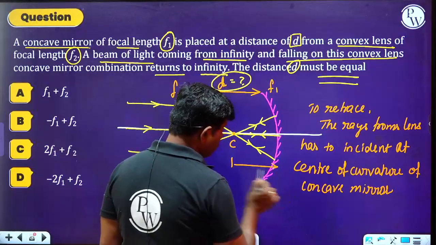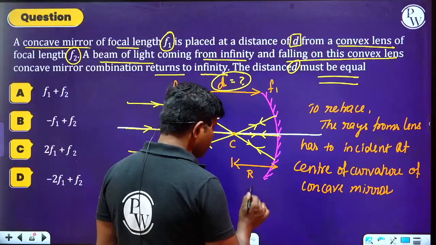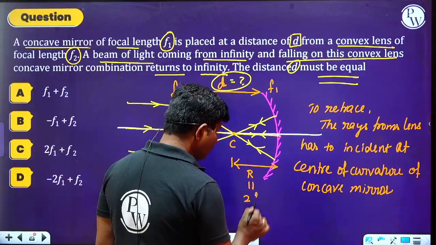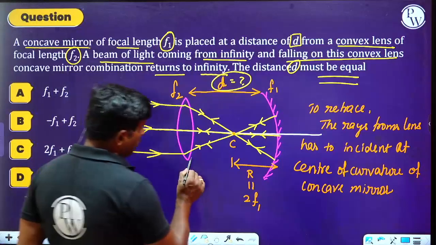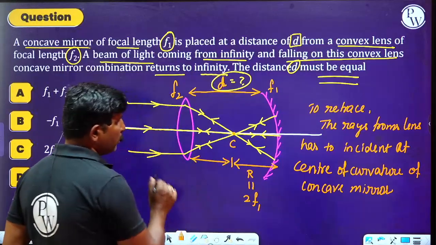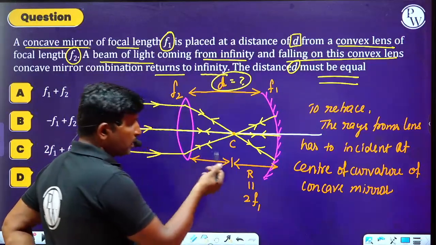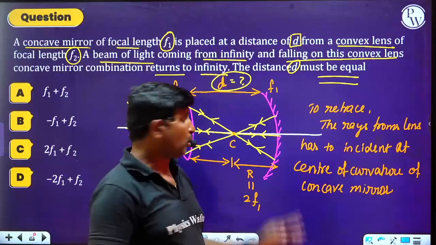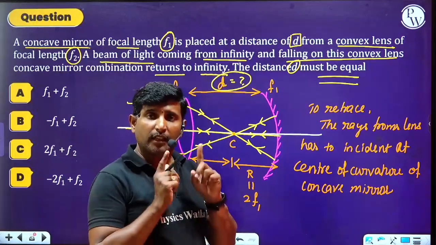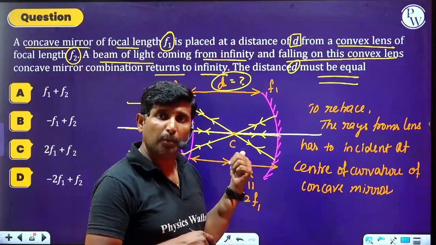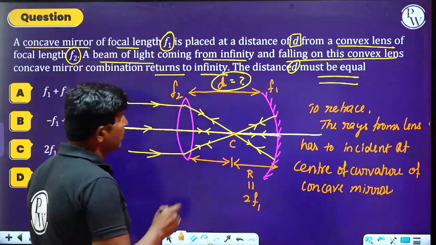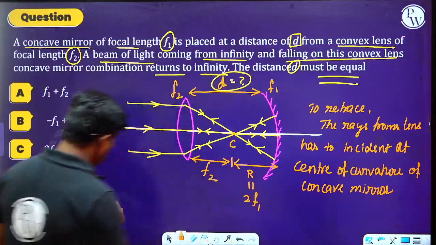Say the distance between this and this is R, and we know that R is always equal to 2 times the focal length. This point will act as the center of curvature for the mirror, and the focal point for the lens is F2.